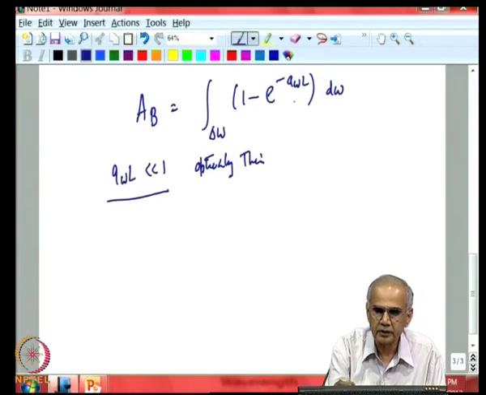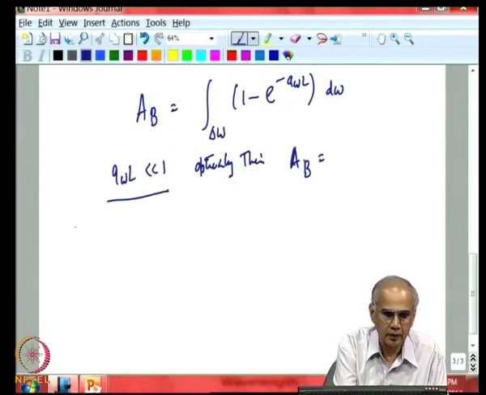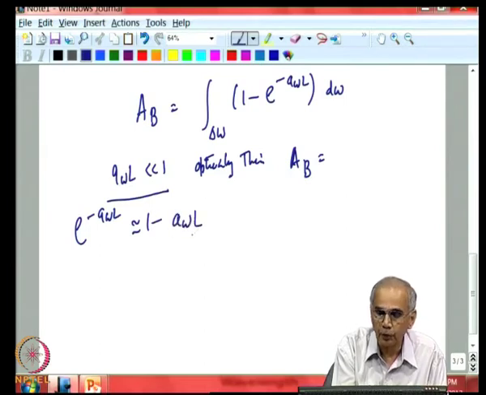So, in which case this A_B becomes nothing but, you approximate e to the power of minus a_omega L as 1 minus a_omega L, because a_omega L is small.